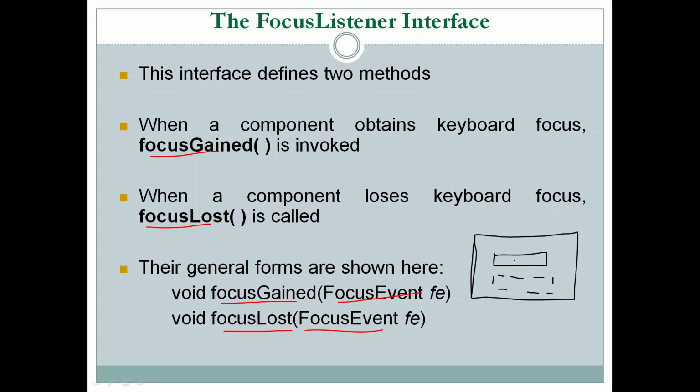Whenever I click on this text field it will get focus, and when the text field gets focus, it will display something on the label. And when I click outside the text field, suppose I click here on the applet window, the text field will lose focus and it will call focusLost. Even in that case, we will print one message. This example is to show you how focus events can be handled by using the FocusListener interface.